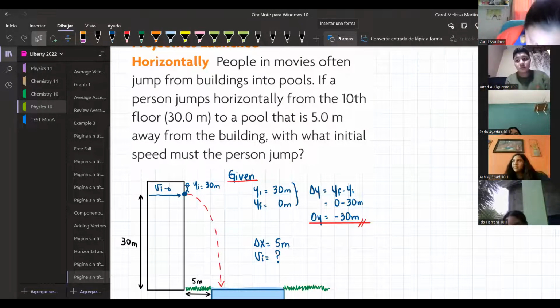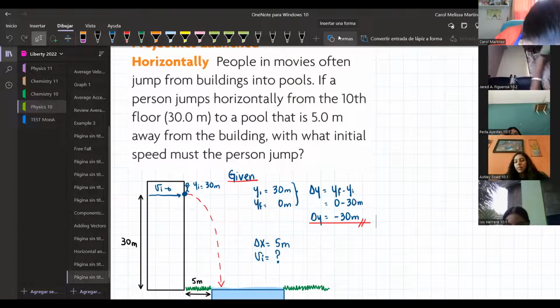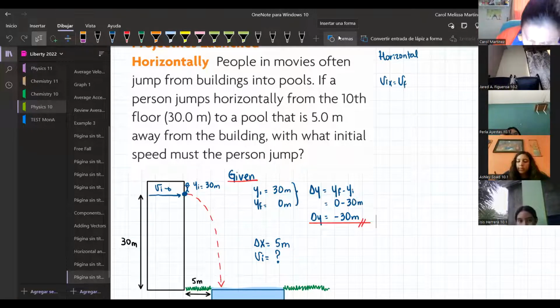One of these formulas was for the horizontal trajectory, okay? So for the horizontal ones, I have this formula: initial velocity in x is equal to final velocity in x is equal to constant.